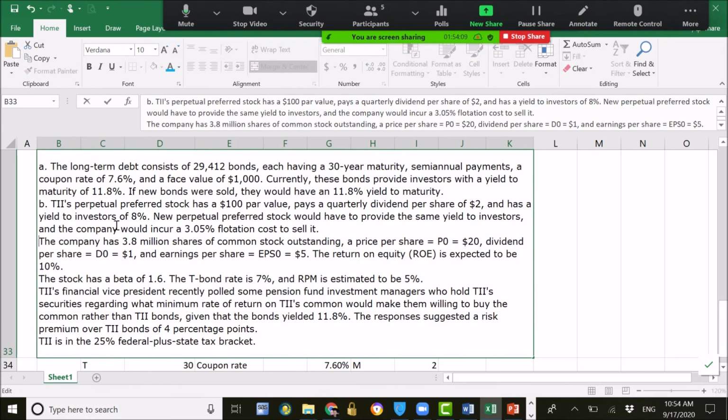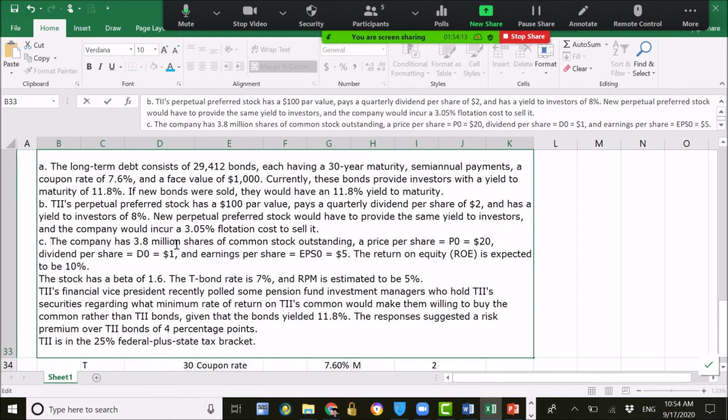Let's say the company has this many shares outstanding, and the price is $20. Dividend per share is $1. Earnings per share is $5. Return on equity is 10%.